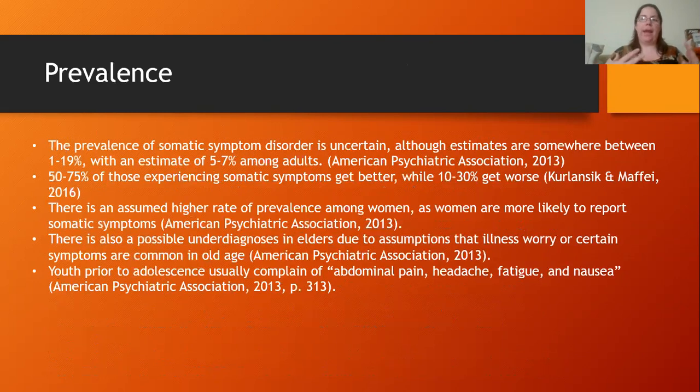Roughly half to over 75% of those experiencing somatic symptoms do get better with treatment for the symptoms and potentially any underlying things such as anxiety, depression, which we'll discuss later, while 10 to 30% who do not undergo treatment will actually get progressively worse and may start exhibiting more symptoms over time.